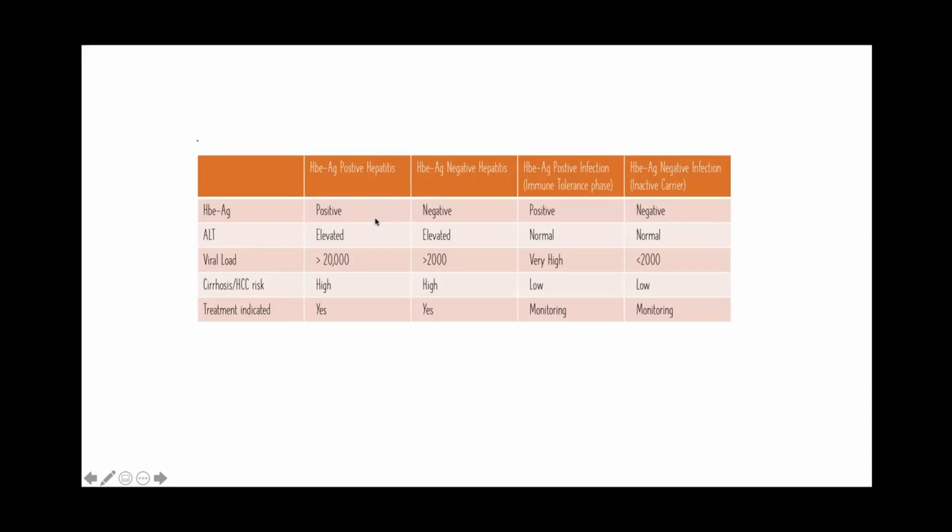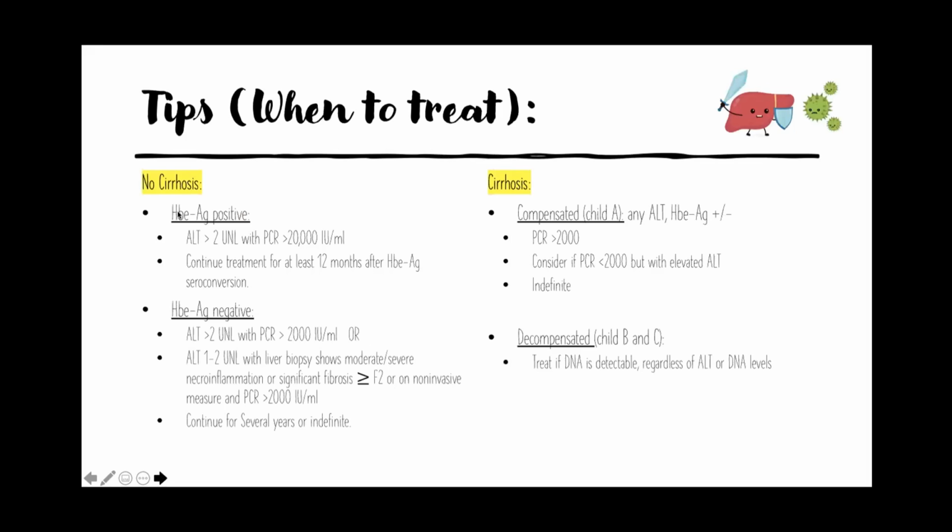And we usually treat only the patient who has active necrosis or inflammation, who have hepatitis. And usually we classify these patients into HBe antigen positive or negative. The difference between those two is just a mutation that can cause the negativity in the HBe antigen.